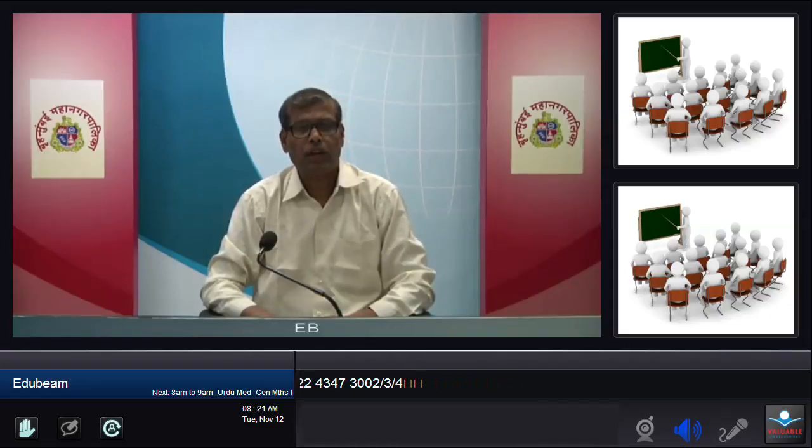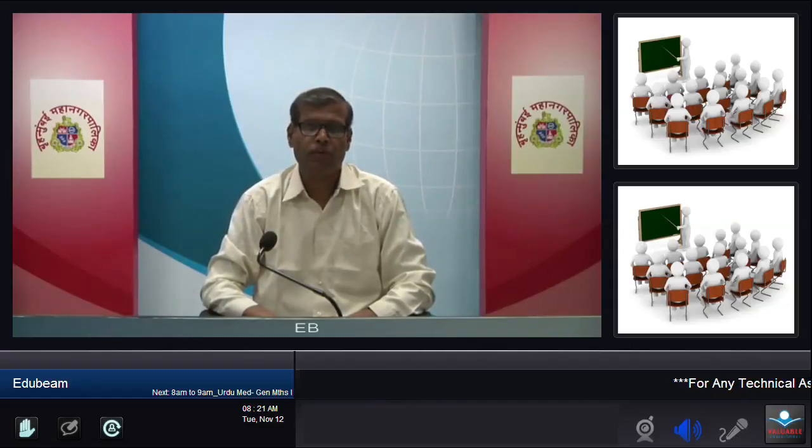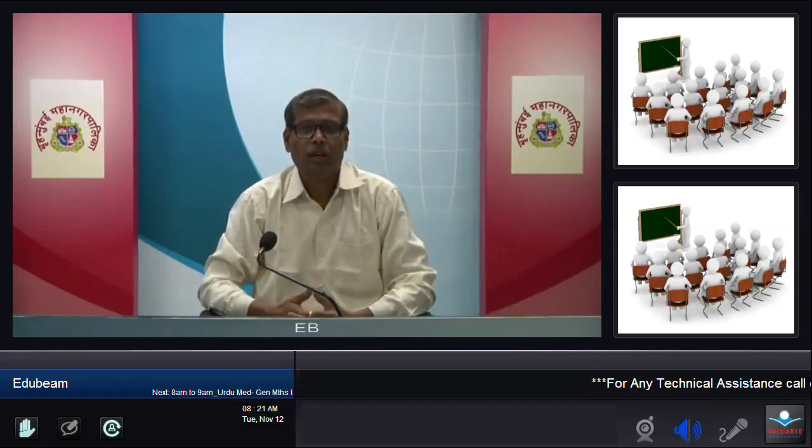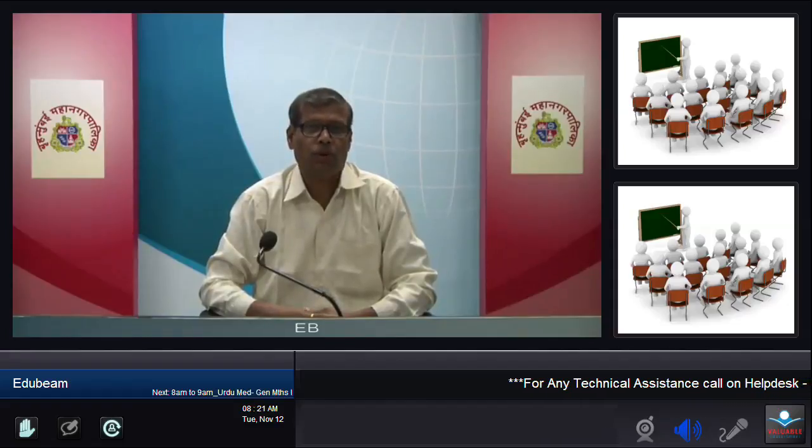The basic concept, first we have to know what are the instruments to be used in your book. When you say geometry box, the geometry box is a small size which is about 6 inches by 3 inches.